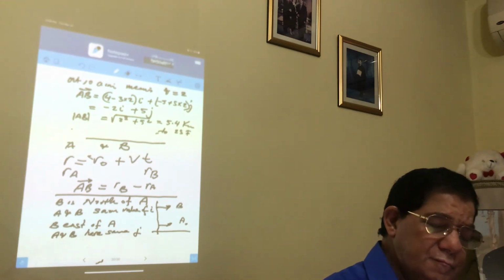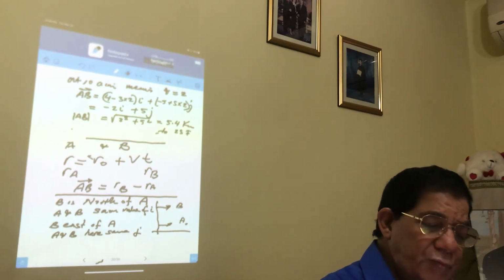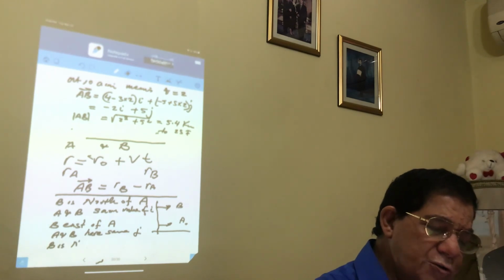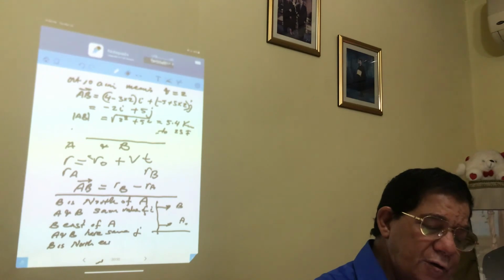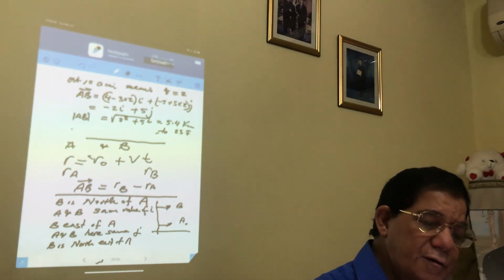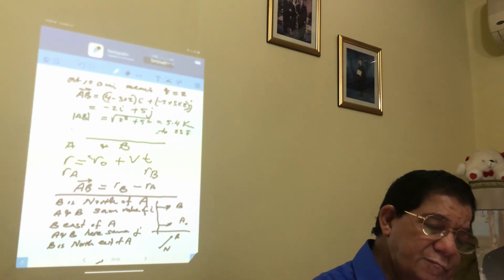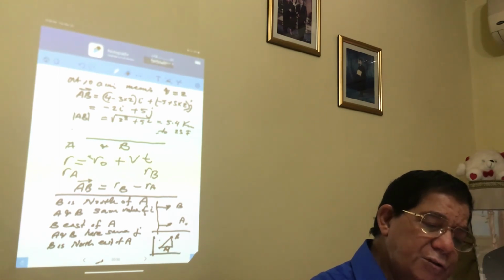If they say B is northeast of A, this means that the distance in one direction equals the distance in the other.